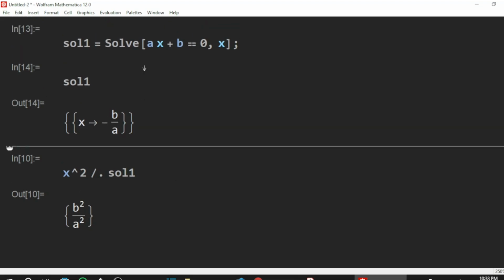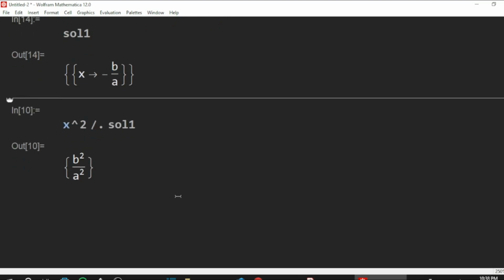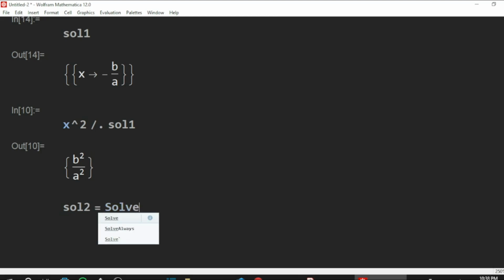Now let me add another equation, solve2, and I want to solve this in the form x squared equals, let me say, a squared, and then I put a comma and then put x and then close the square bracket.